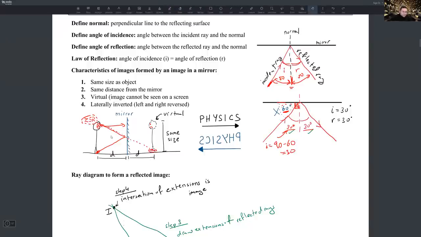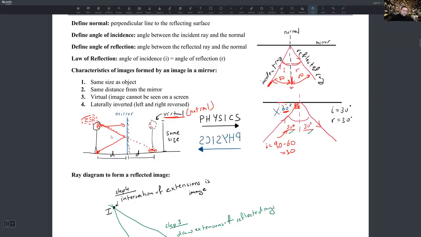That's why we call the image that you see in a mirror a virtual image, as in it is not real. It's in your head, it's in your brain, it's virtual. If you think about it for a while you will go crazy, so don't think about it too much. What's real and what's not real is all a matter of perspective. But let's not get philosophical for a second, let's stay with physics.